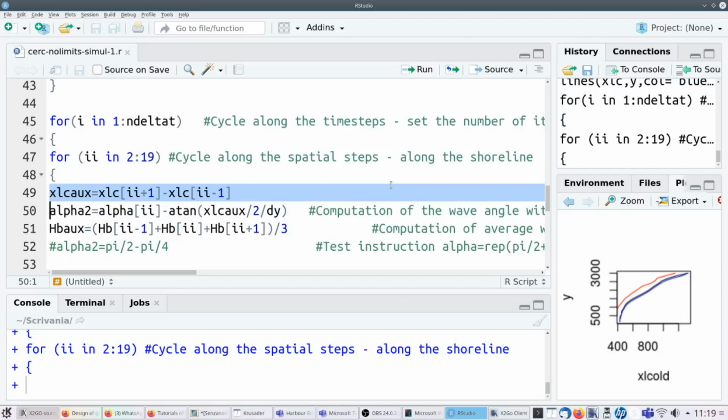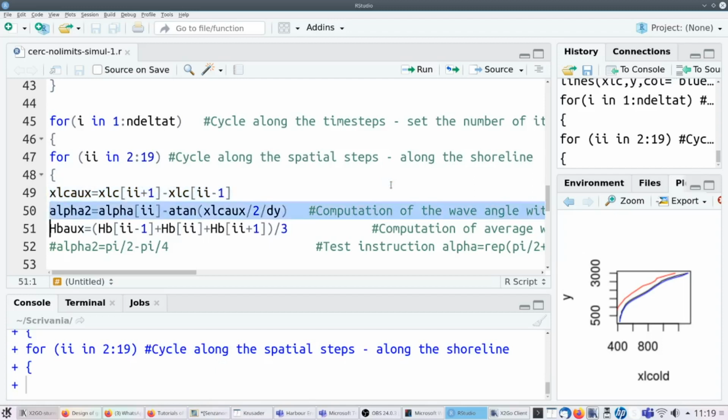And again, the goal is that of referring to an average geometric feature of the coastline. Now there is here the computation of alpha 2, which is equal to alpha minus alpha 1, and alpha 1 is given by the inverse tan of XLC divided by 2dy, 2dy because I considered two spatial steps.